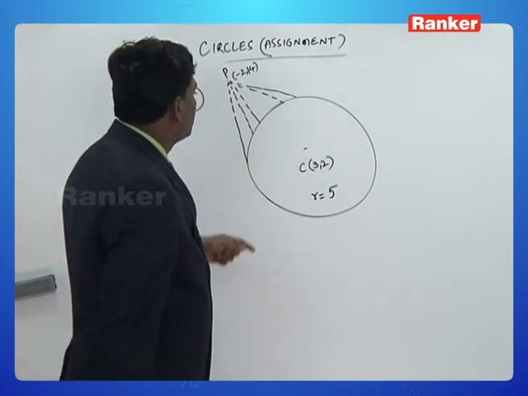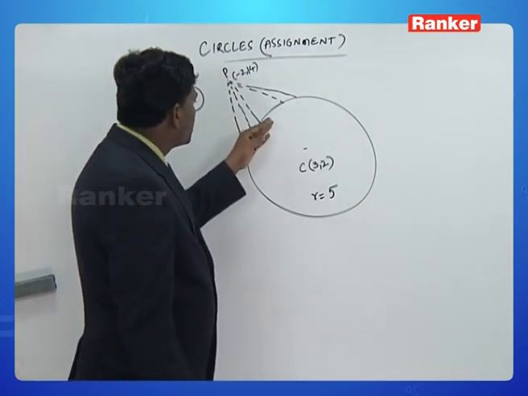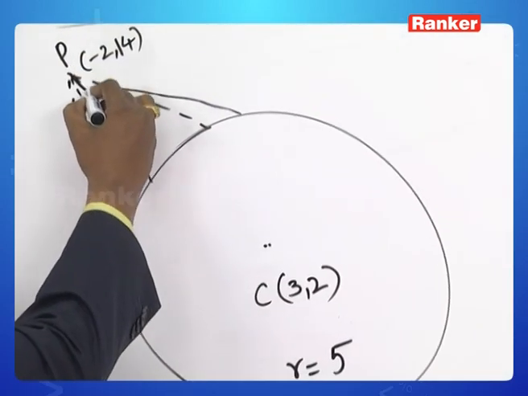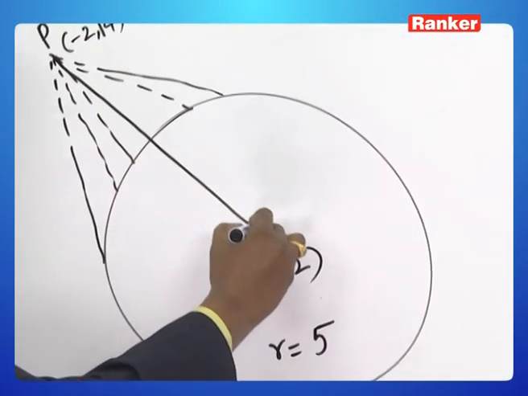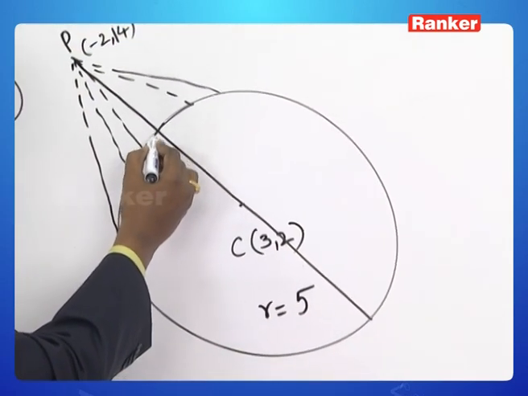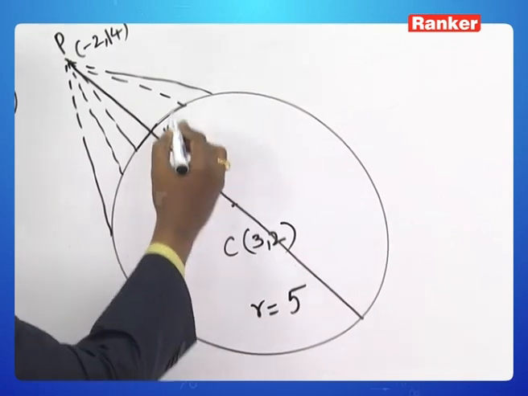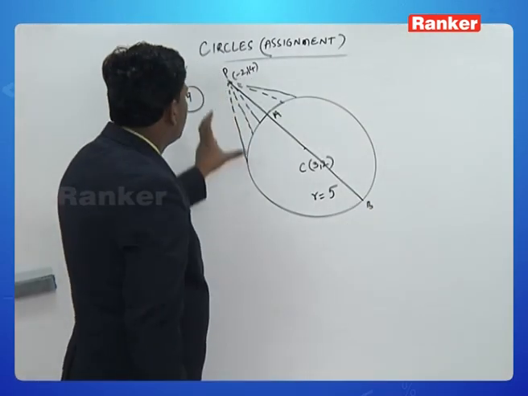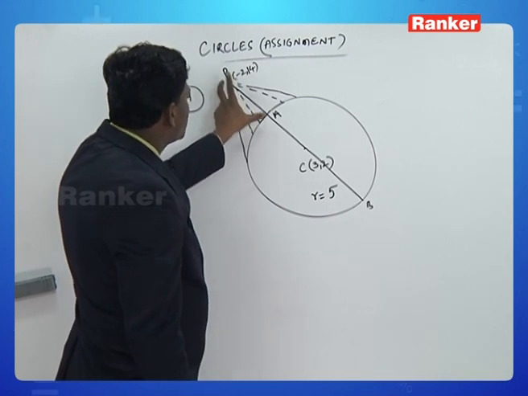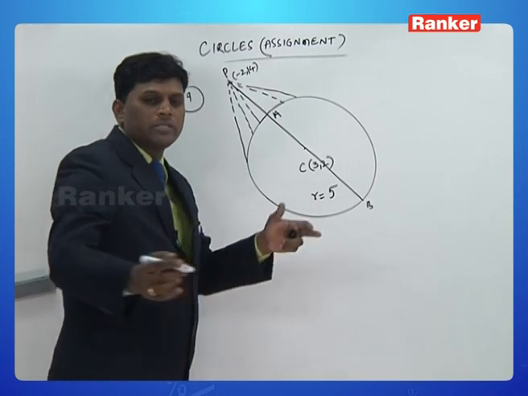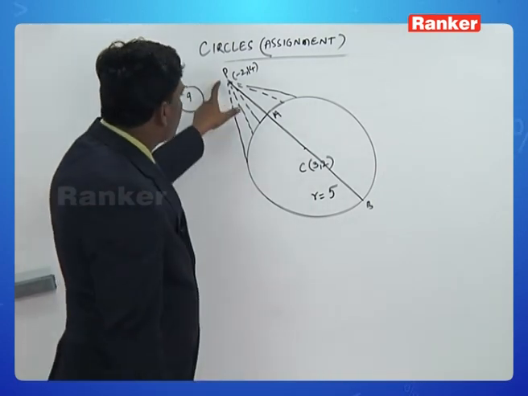Among all these, if we have to choose the shortest distance, one can say very comfortably that if we draw the diameter passing through this given point, and this diameter cuts the circle at A and B respectively, then PA will become the shortest distance and PB will become the longest distance to the circle from the given point.